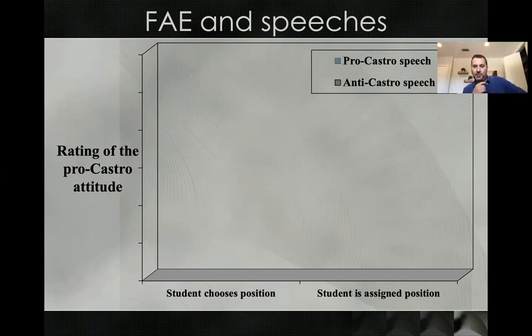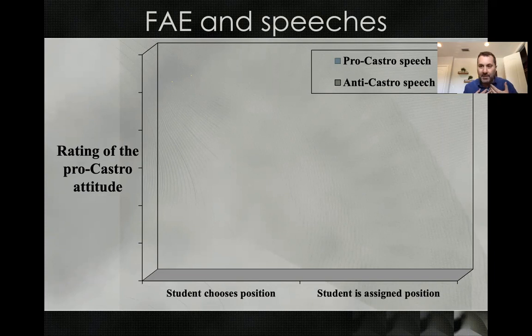So half of the participants are told that the student that they're watching give the speech chose which position that they wanted to take, whether they wanted to be pro or anti-Castro. After watching this video, all these participants then have to rate, what do you think that person's true attitude is towards Fidel Castro?